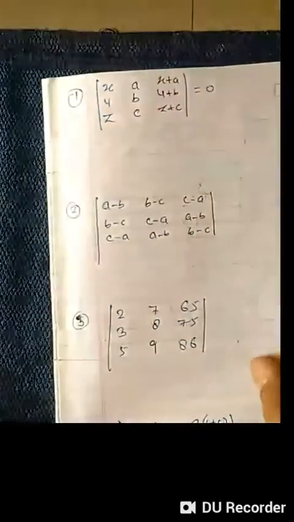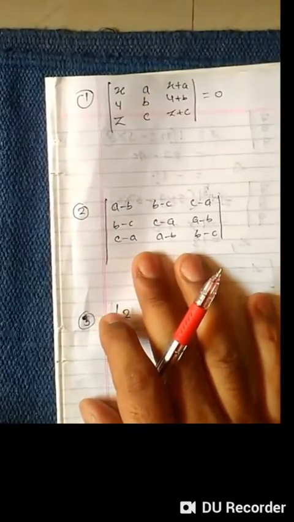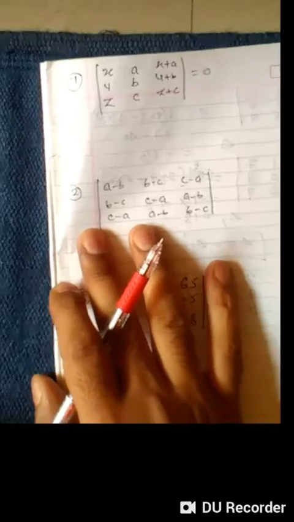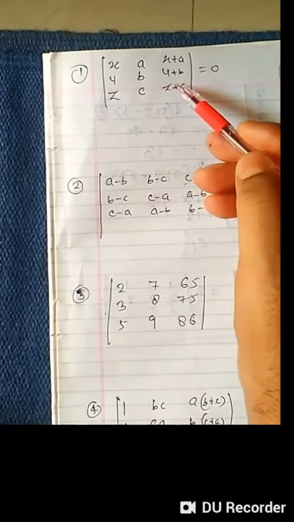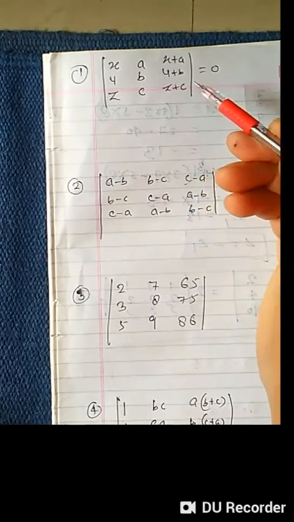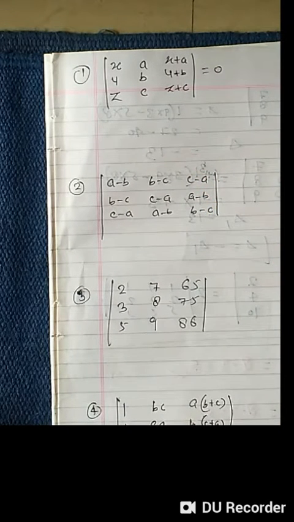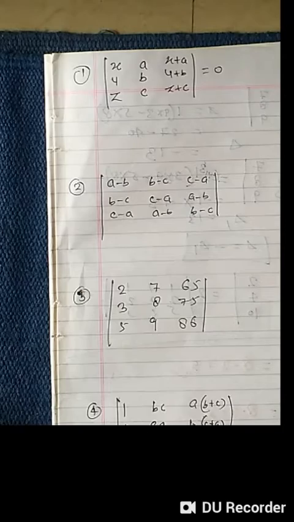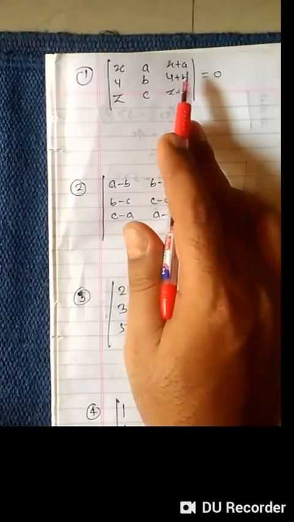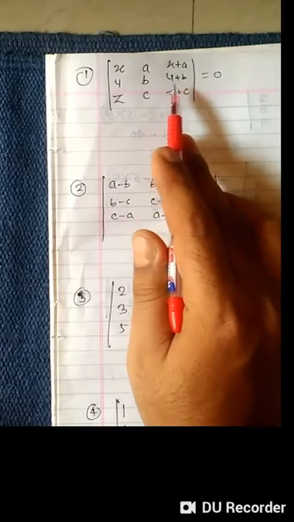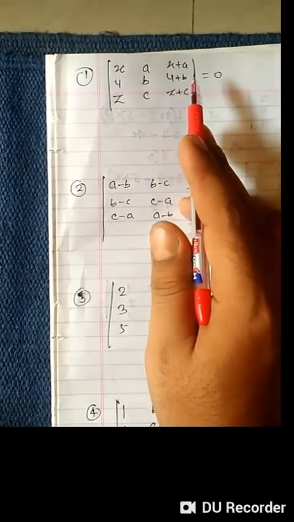So guys, now we'll see some questions of your exercise. Okay, first question in your exercise is given as x y z, a b c, x plus a, y plus b, z plus c. In this determinant, you see guys, if you use the fifth property, which I have shown you, that if something is added or subtracted, it can be split into two determinants.